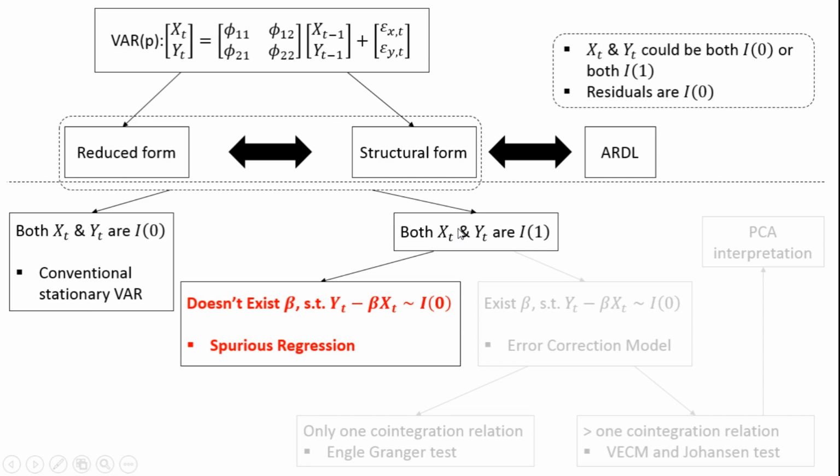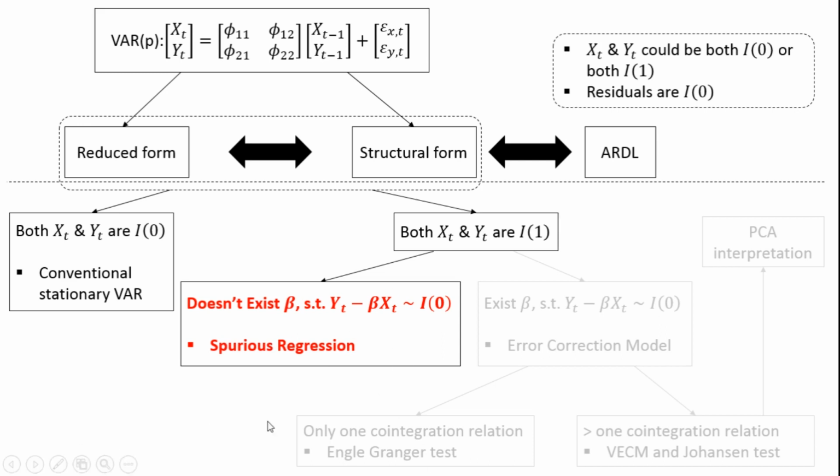In the situation in which both xt and yt are integrated of order one, and there doesn't exist a beta so that yt minus beta xt is stationary, we have a problem of spurious regression.